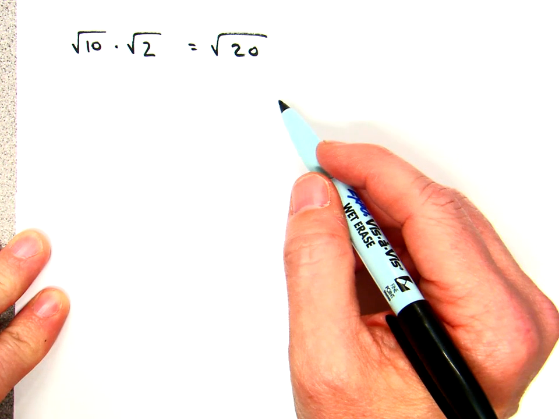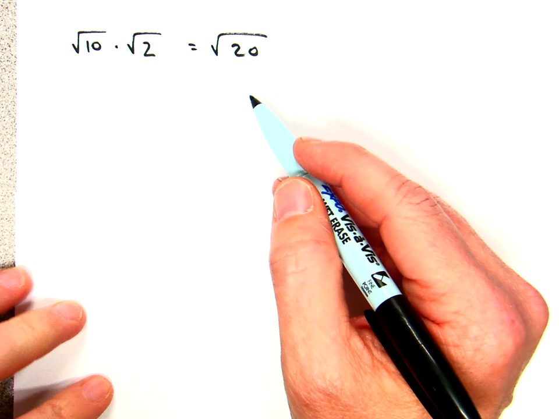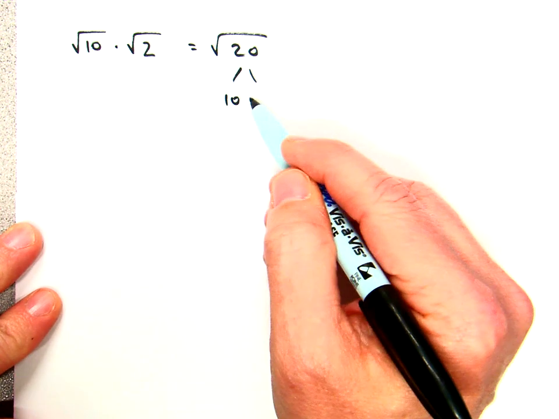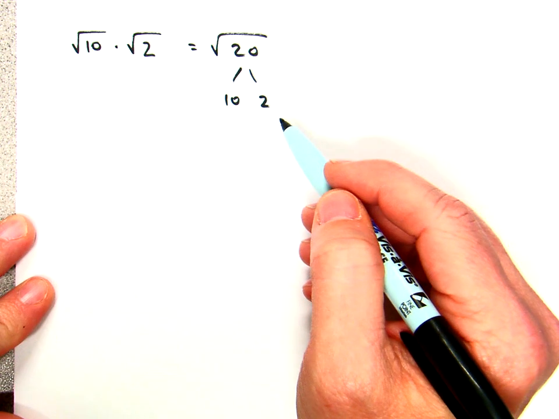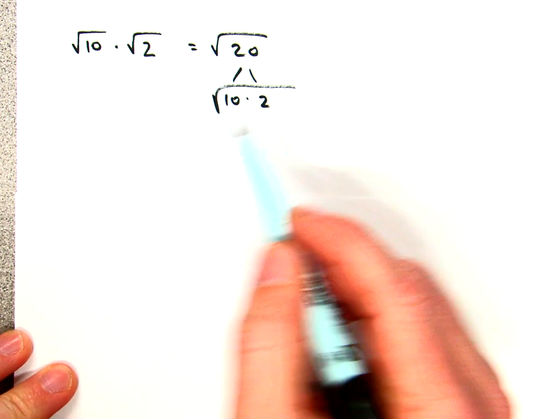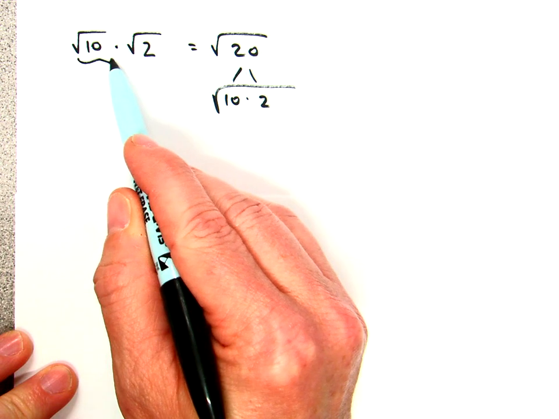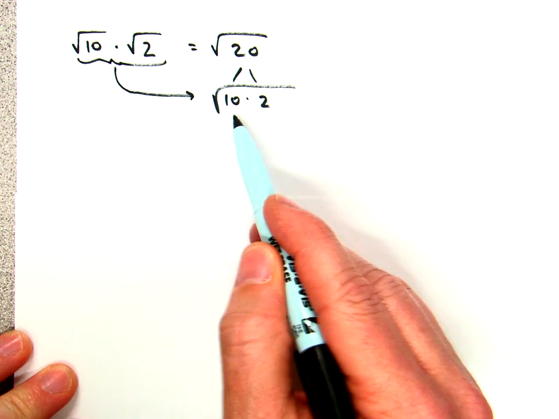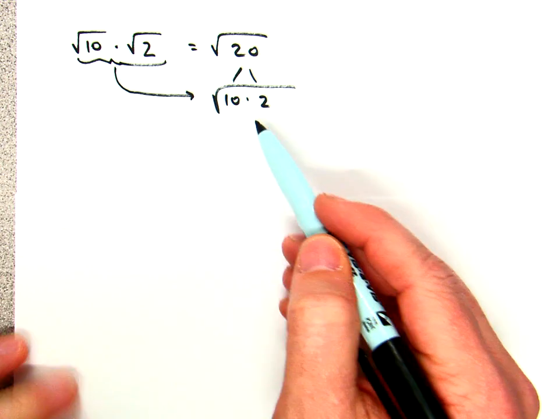right? Now, if it reduces, we would want to reduce that. If we reduce it, we can say, well, 20, we can break it back down into 10 and 2. So what I'm going to suggest here is that if we wanted to multiply 2 roots together, we can just put them underneath the same root and reduce.